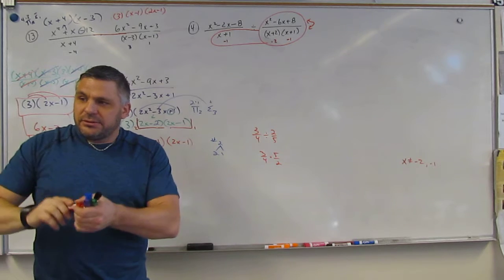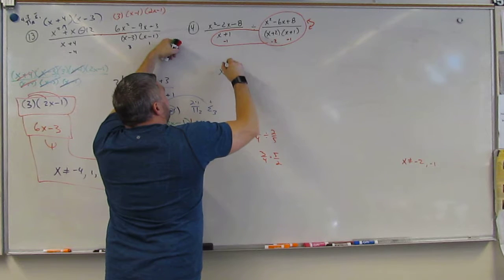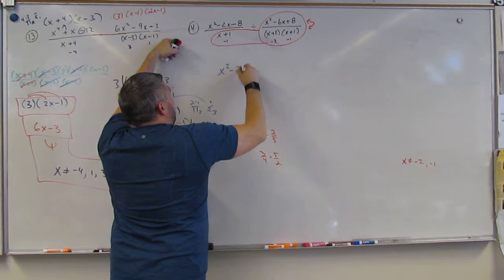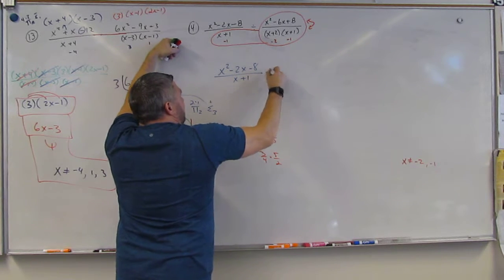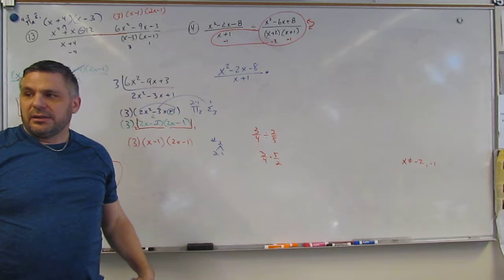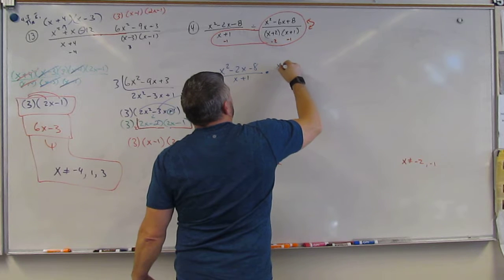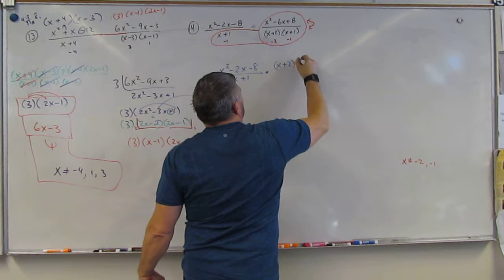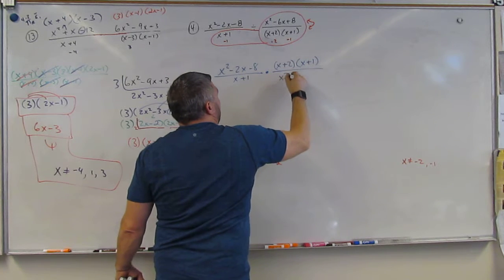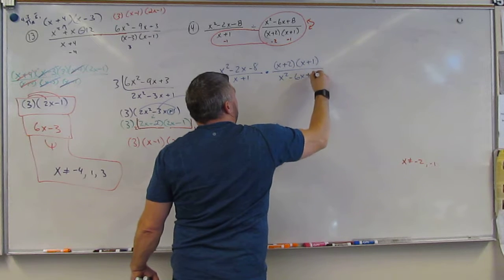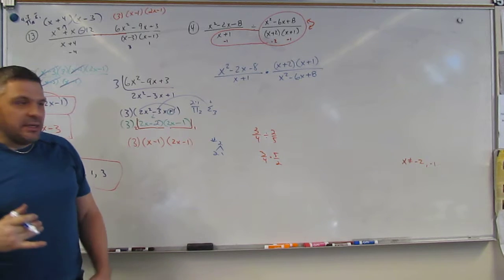So we're going to rewrite it: x squared minus 2x minus 8 divided by x plus 1, times x plus 2, times x plus 1 over x squared minus 6x plus 8. See how we flipped it so we could multiply it? Just like here.